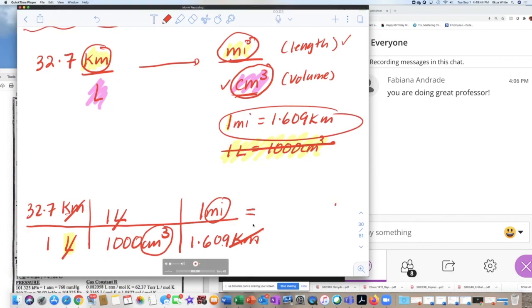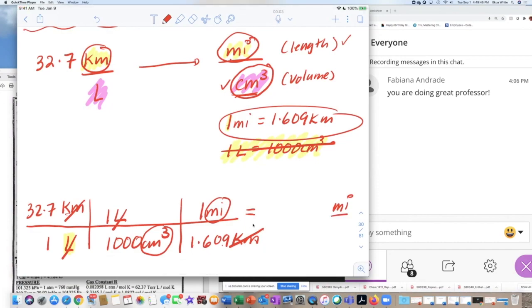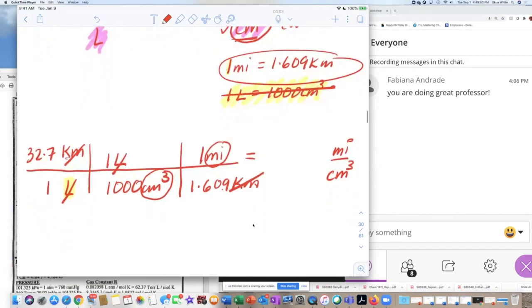So my answer will be some number, mile on top, centimeter cubed on the bottom. Now the math part: 32.7 times 1, it's implied, divided by 1,000, divided by 1.609. Okay, let's see what we get.